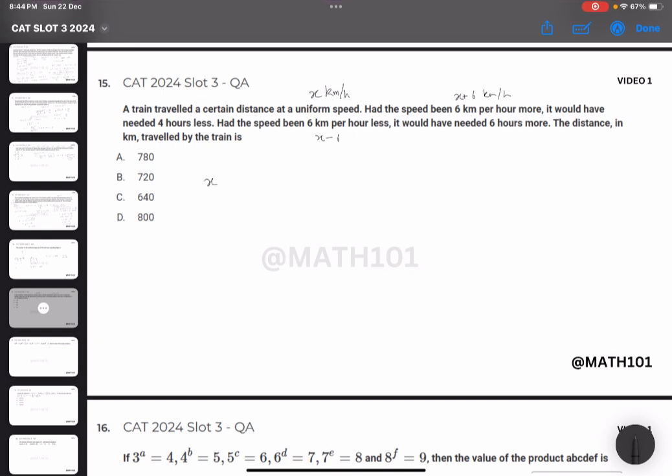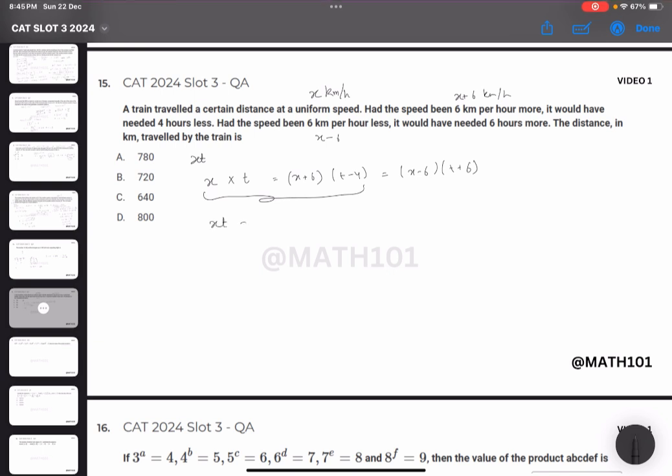So x into t, let the original time be t, is equal to x plus 6 into t minus 4, equal to x minus 6 into t plus 6. We need the value of x times t. So first we'll use these two equations.